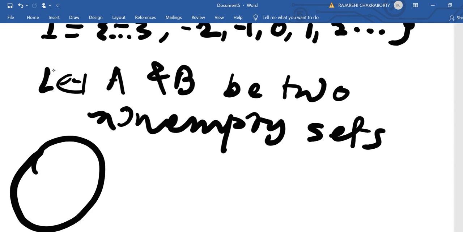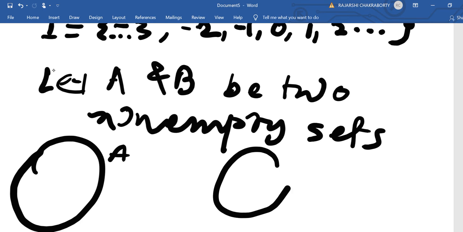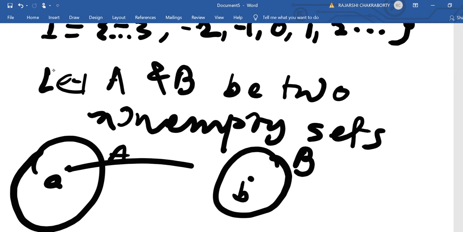Say this is a set A and this is a set B. There's an element a in A and there's an element small b in set B. So a function is an operation which transforms A to B.